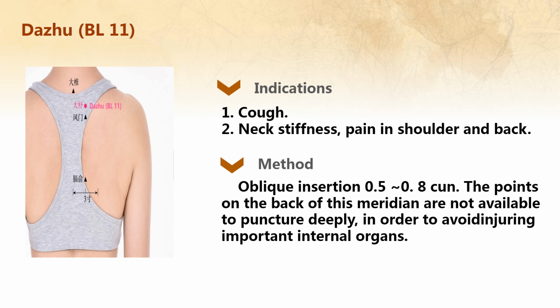The operation method is oblique insertion 0.5 to 0.8 cun. The points on the back of this meridian are not to be punctured deeply, in order to avoid injuring important internal organs.